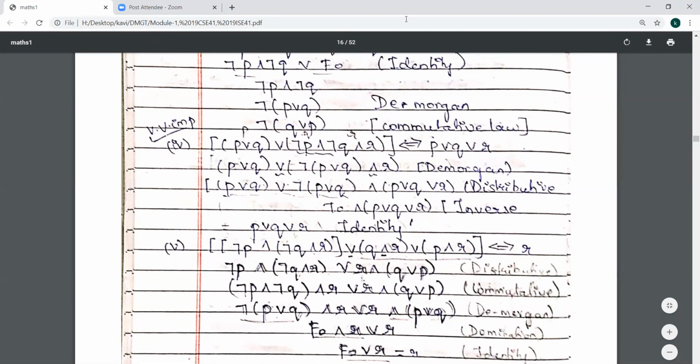So I am going to distribute this term P or Q to this term as well as this term. So I am getting P or Q and negation of P or Q, or P or Q and R.